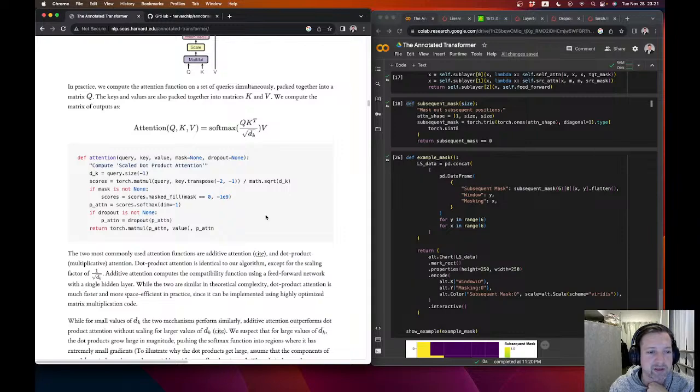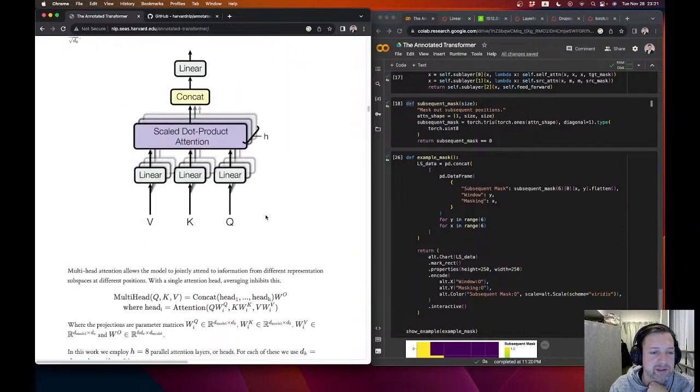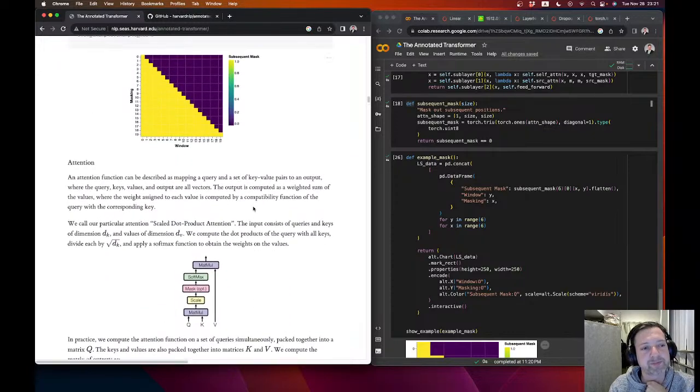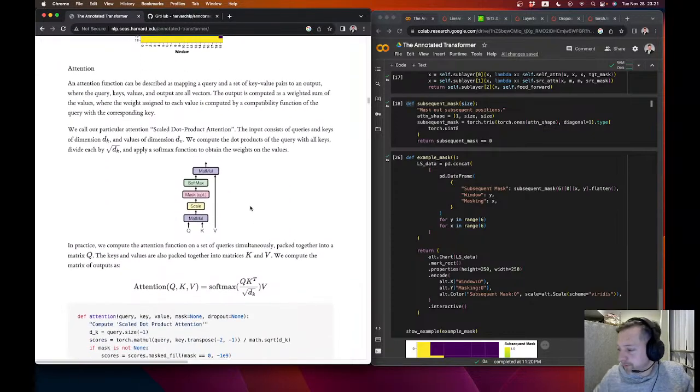But let's read this attention bit, because that's really the juice of the whole thing. And then we can come back to this bit, repeat it, and then move on tomorrow, because I think this will be the most interesting bit.